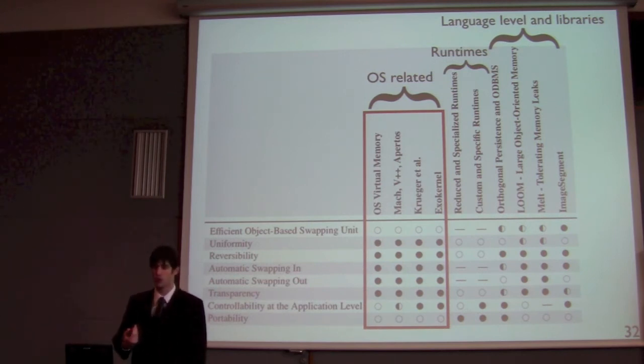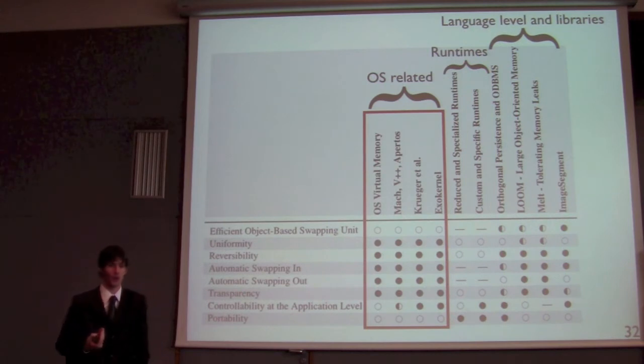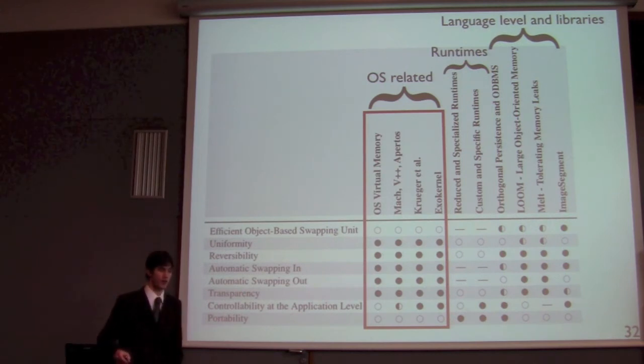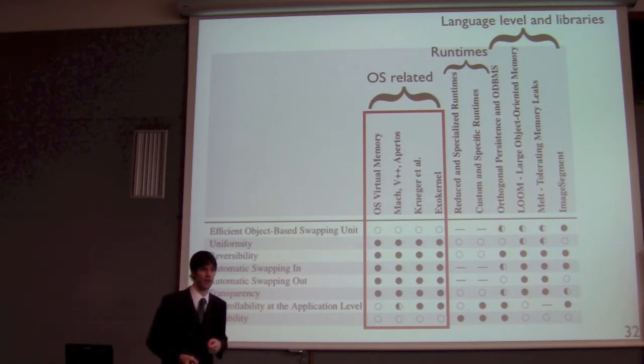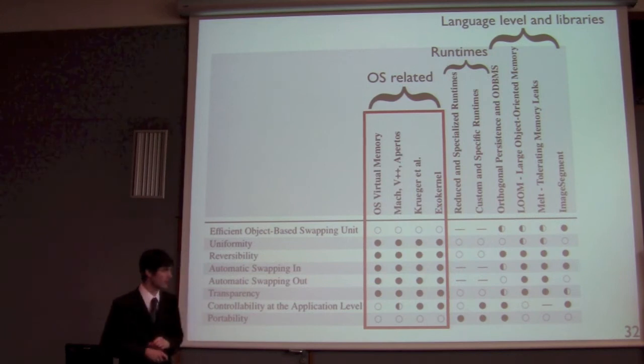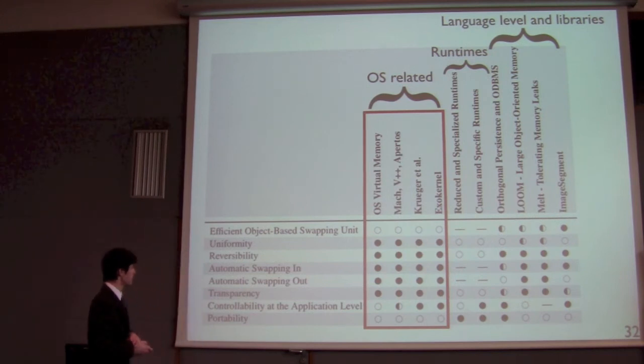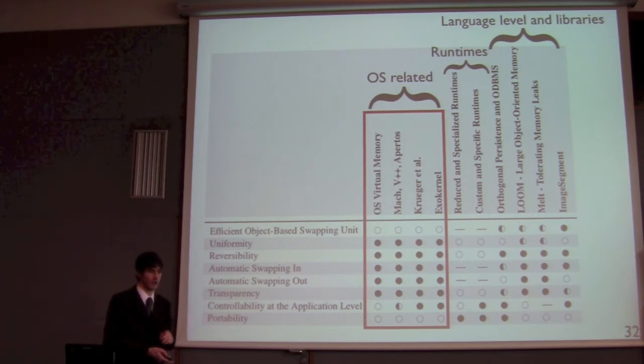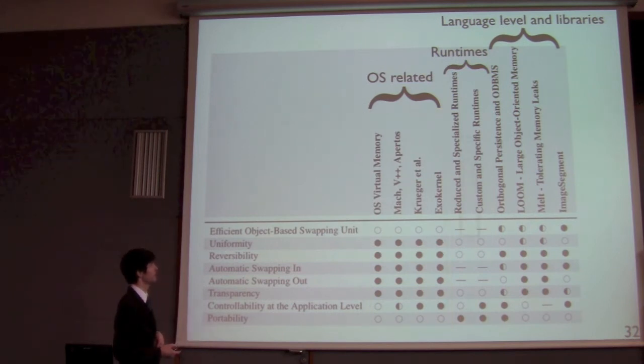It's really difficult to customize or adapt them for a particular application. The maximum you could do is to create your own page replacement algorithm, but it's not enough most of the time, and it's still quite difficult to do. It's not very easy for a developer. And finally, of course, it is not portable among other operating systems. So that's why I discarded them from the beginning.